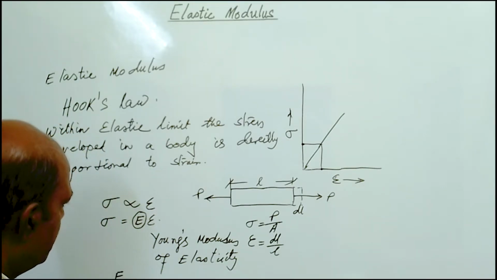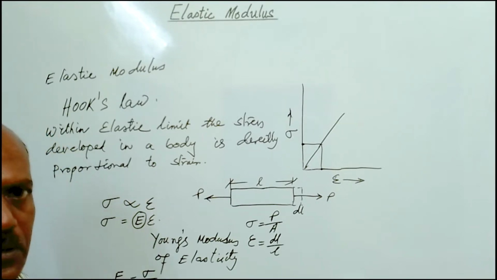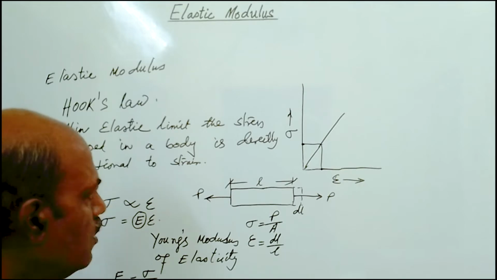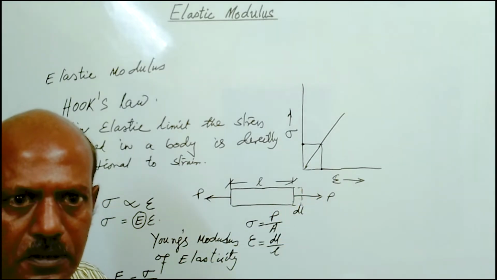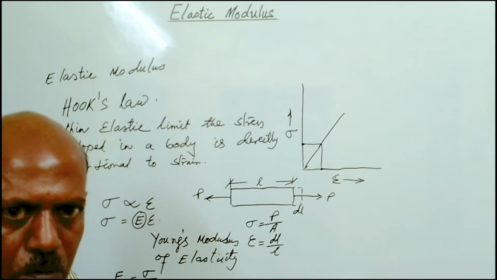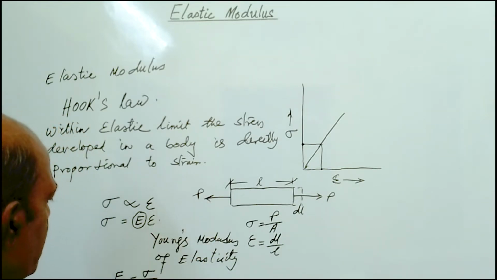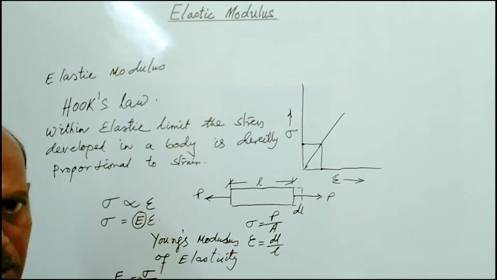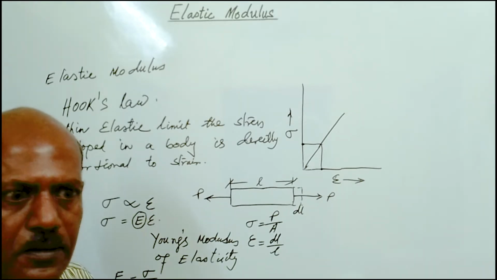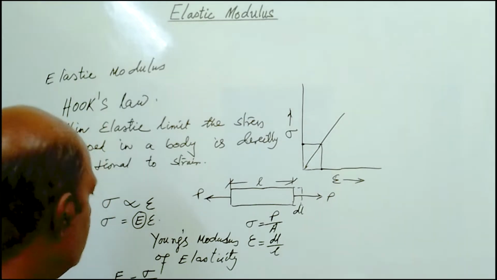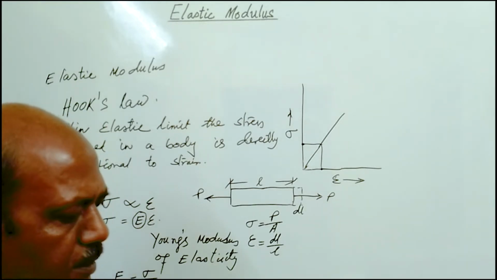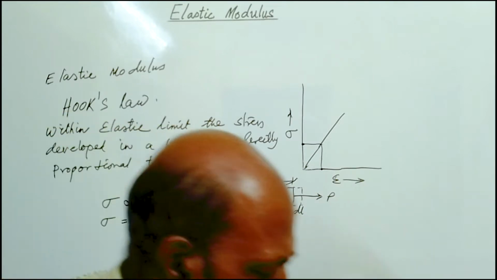E is given by sigma by epsilon, where sigma is known as direct stress because it is the stress produced because of the direct load. Direct load means it may be tensile load or compressive load. Because of direct load, the stress developed in the body is sigma and strain developed in the body is epsilon. So sigma by epsilon is known as Young's modulus of elasticity, and it is given by E.